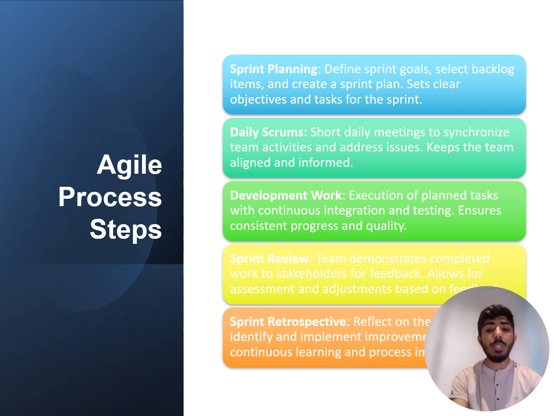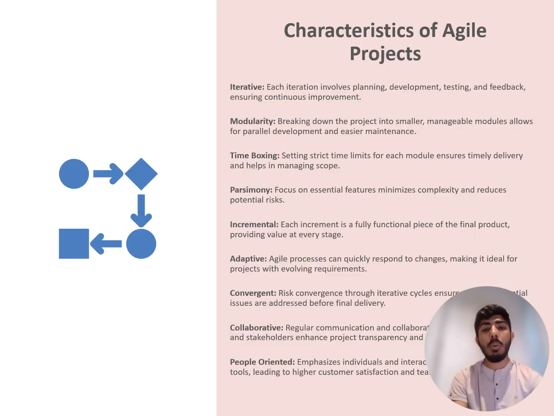Sprint review is like showing off your Lego creation to your friend for feedback, I can say. And finally, sprint retrospective. It is where the team reflects on the sprint and discusses what went well and what can be improved.